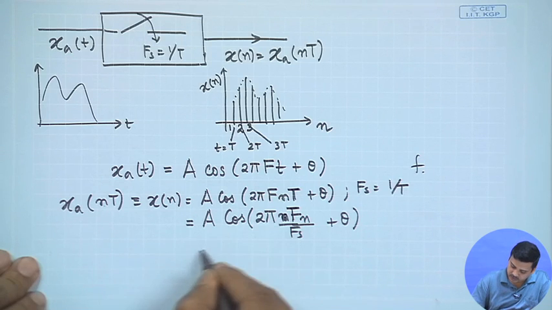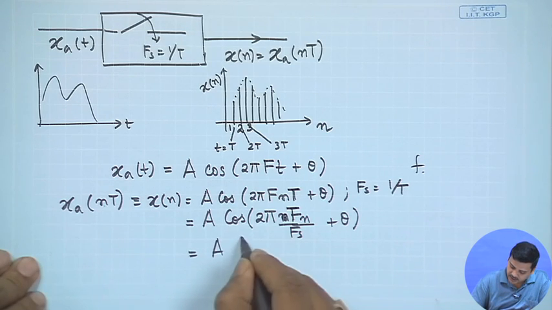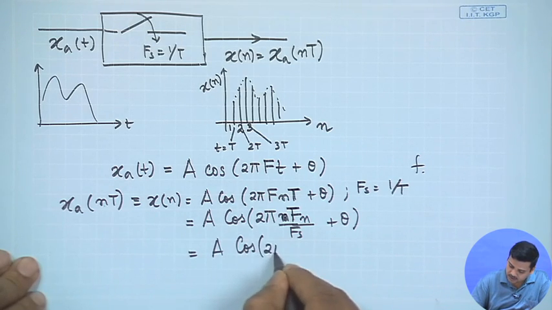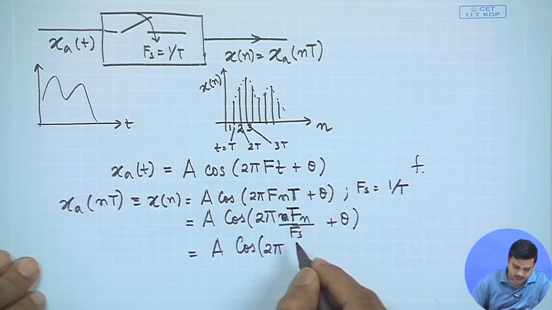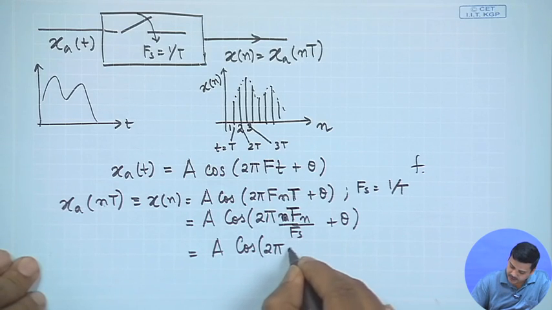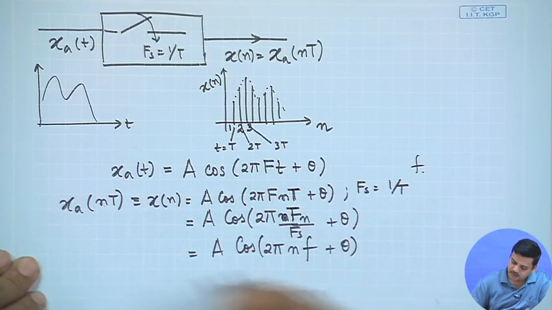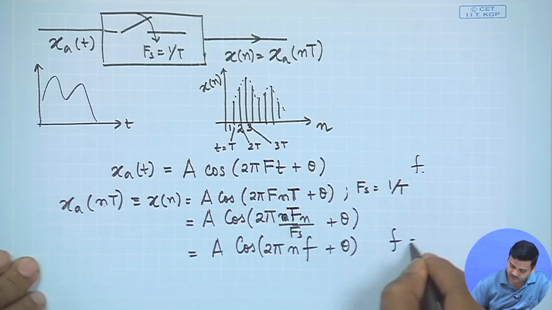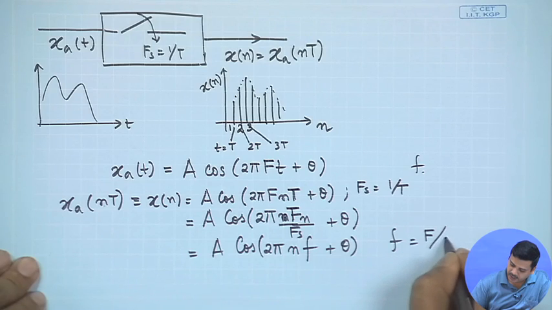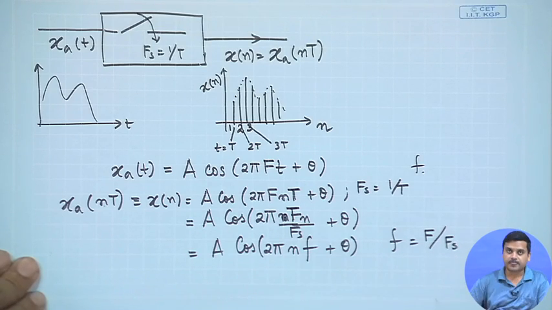So, what we usually write this as further is a cos 2 pi, and for convenience we would write it as n f plus theta, where f is equal to f by f s.